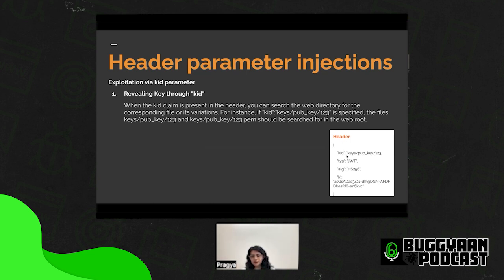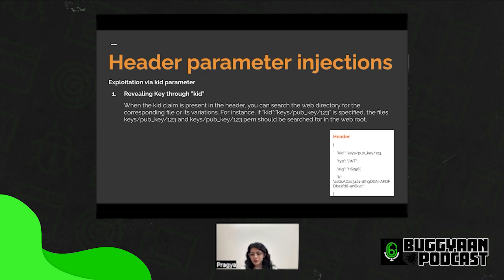If you see this format, you can try to search for this file directly in the web root. If you're enumerating any application or directly traversing it, you can first try the URLs and see if you can find anything like the format that is mentioned in the KID.